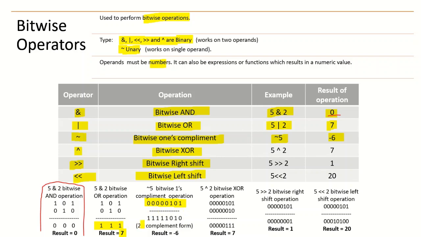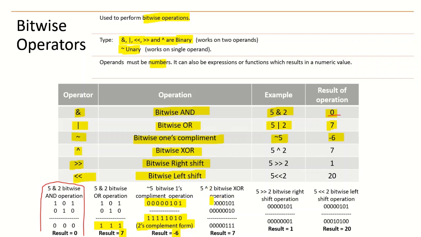Its ones complement form is written here, that is everything is complemented. 1 is complemented to 0, 0 complemented to 1, and so on for all the bits. So it is actually the 2's complement form, and the result is -6.